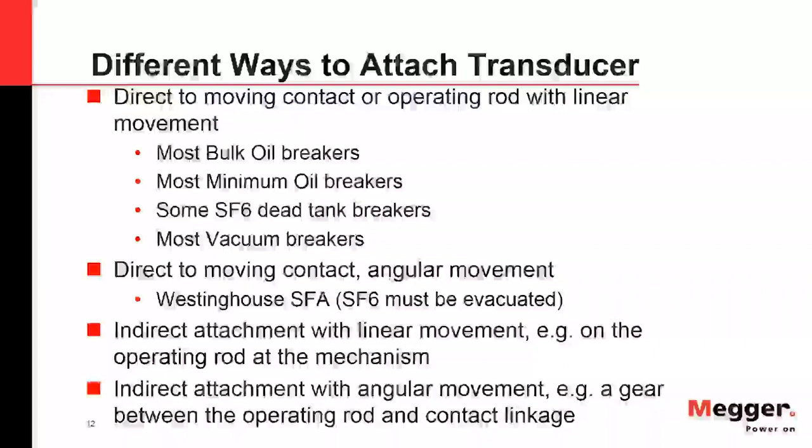Then you can do an indirect attachment, still with a linear transducer, where you hook to a mechanism and transfer that with some kind of conversion factor to get the stroke of the interrupter. You could also have it parallel to the interrupter, where through a system of linkage it mimics what the interrupter is doing.